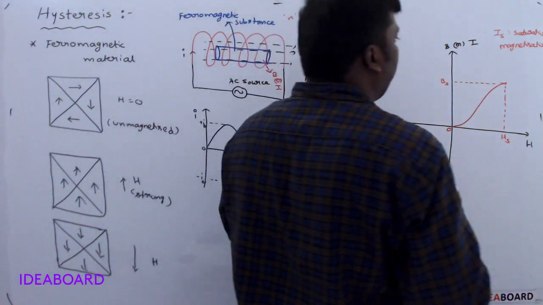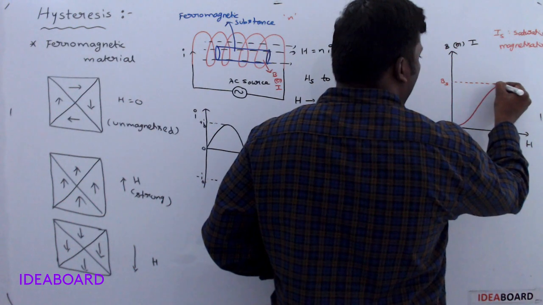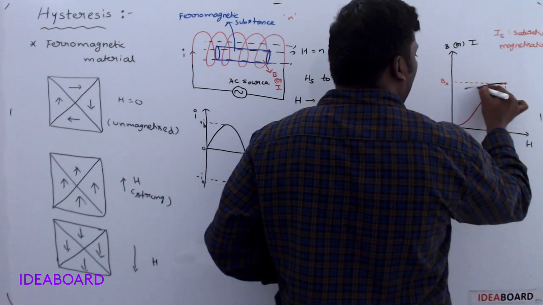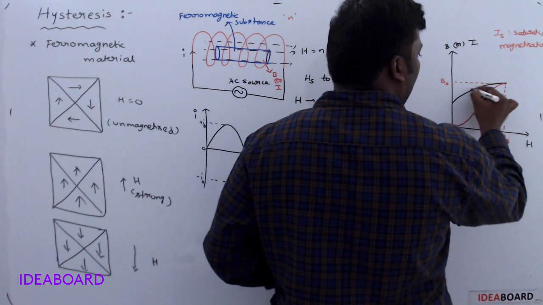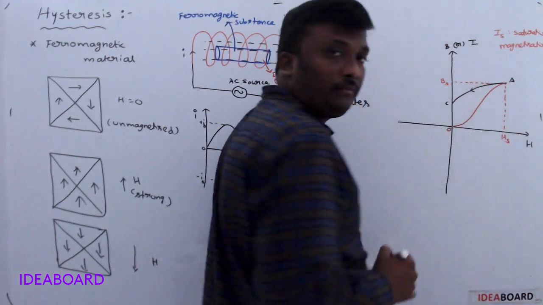Due to this, what happens? When H decreases, B also decreases, but they follow a new path, like this. So let it be OA and now it is OC.